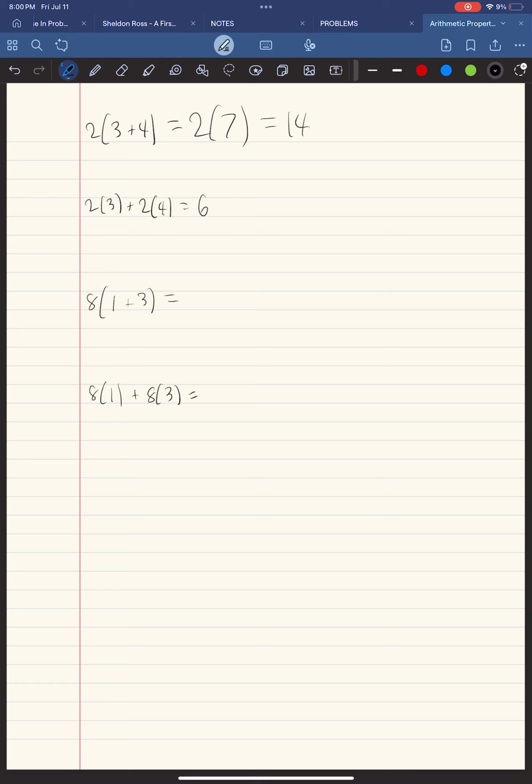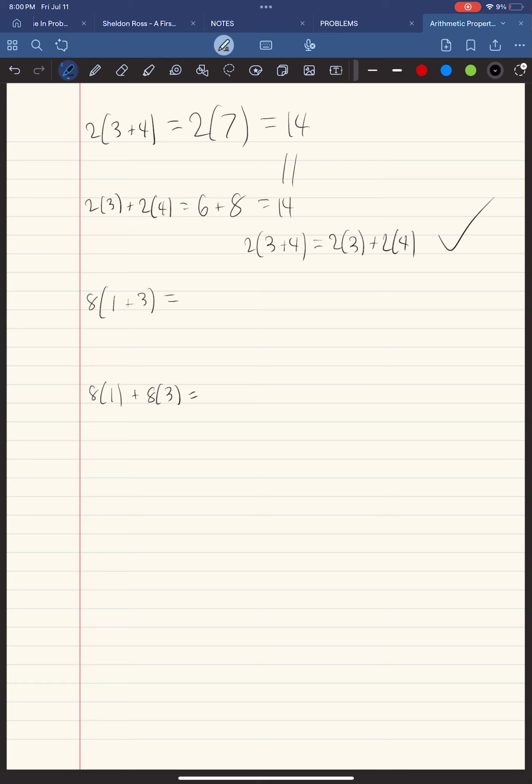So 2 times 3 is equal to 6, and then plus 2 times 4, which is equal to 8. 6 plus 8 is 14. Look at that. 14 equals 14, so therefore we can do 2 times (3 plus 4), where the 3 plus 4 is in the parentheses, and set that equal to 2 times 3 plus 2 times 4, and have that be correct.